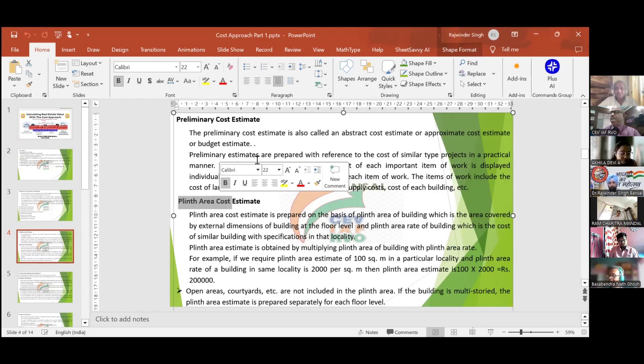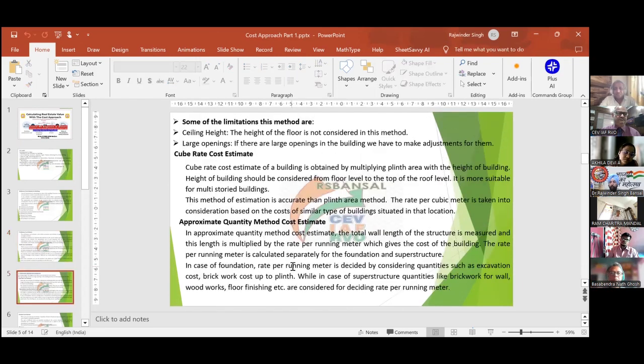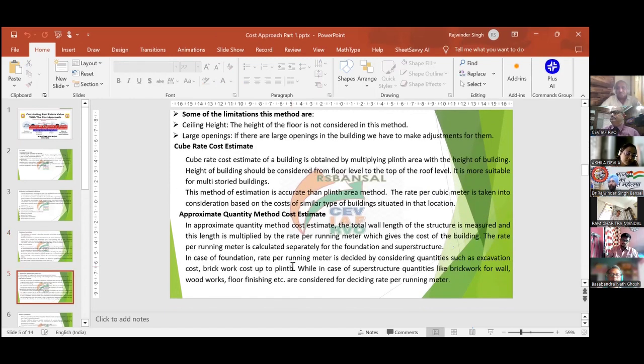So for a better cost of construction calculation, we may use cube rate calculations, the cube rate value. In the cube rate cost estimate, all three components, meaning length, breadth, and height of the building, are considered.